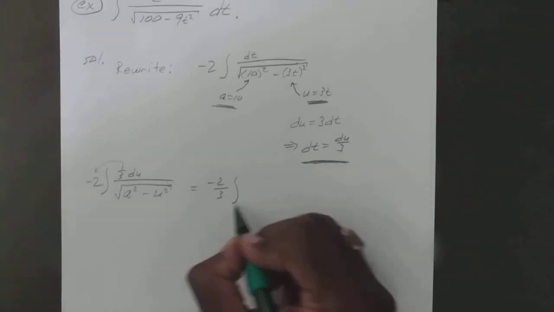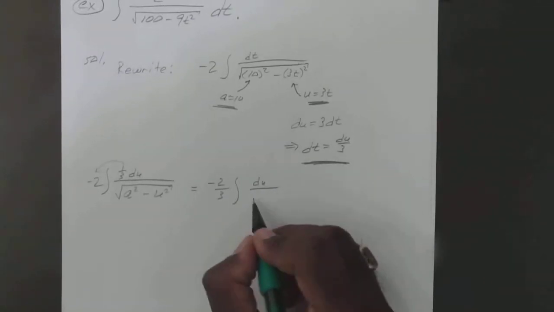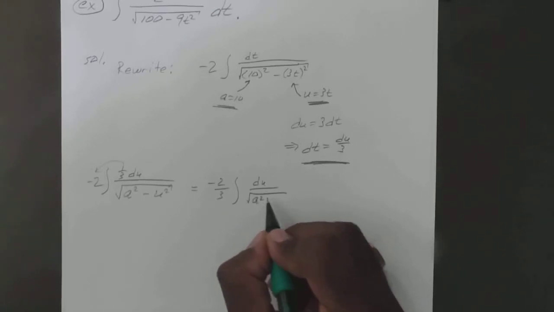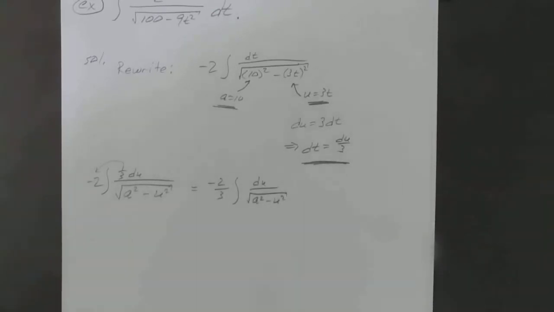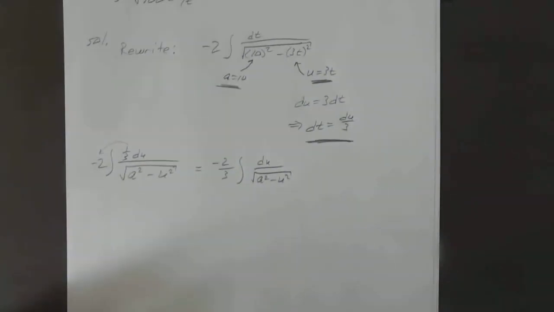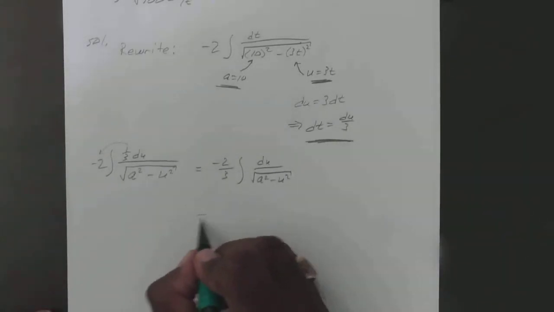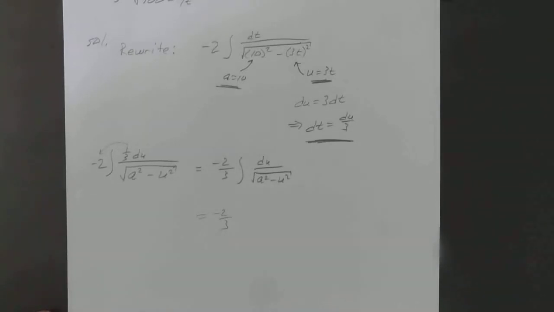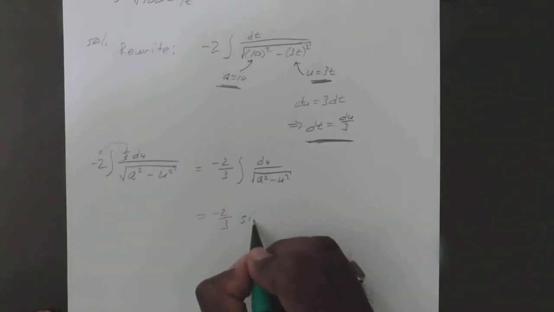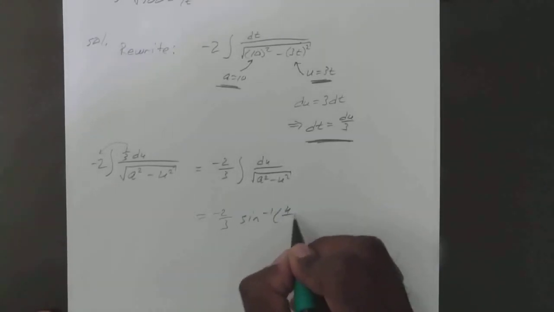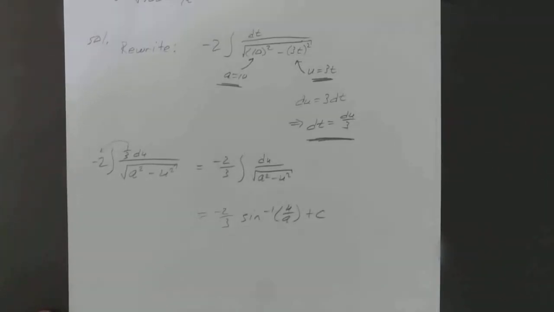Minus your 3t squared. That's your u squared. Just get that 1/3, bring it right out to the front. So you have -2/3 the integral of du over the square root of a squared minus u squared.